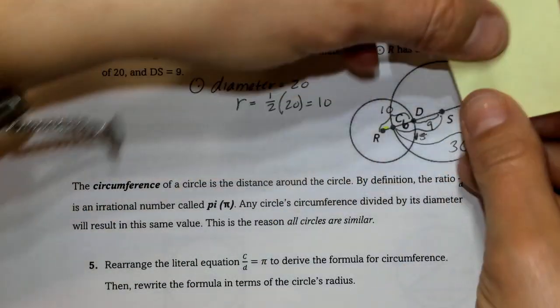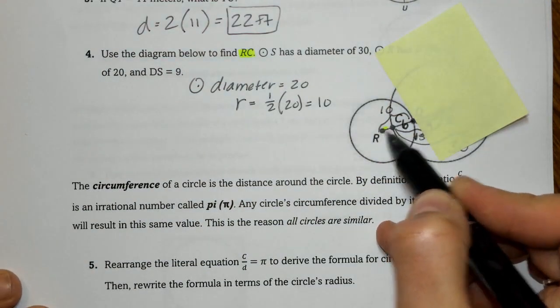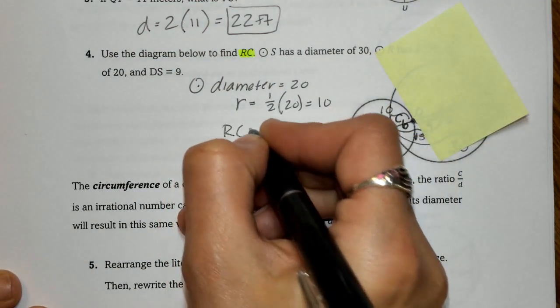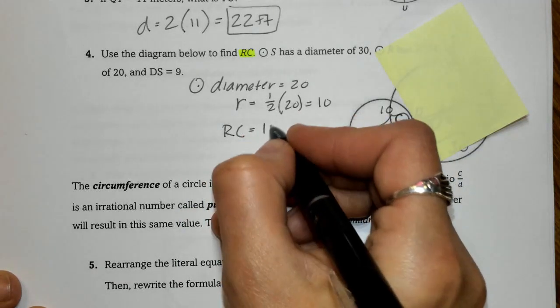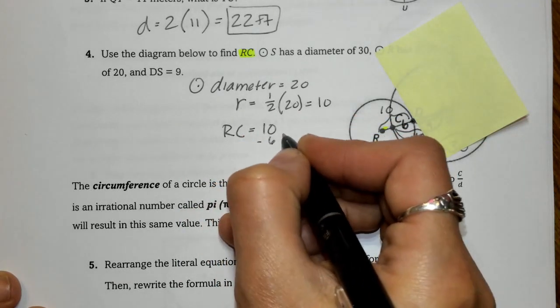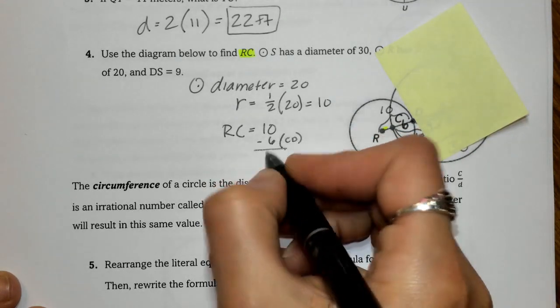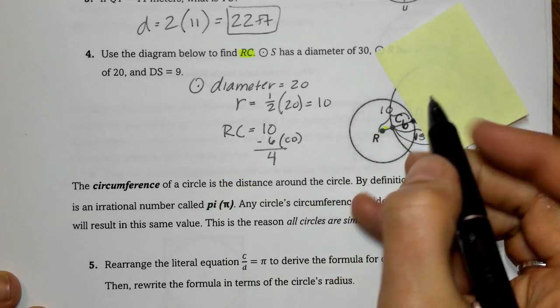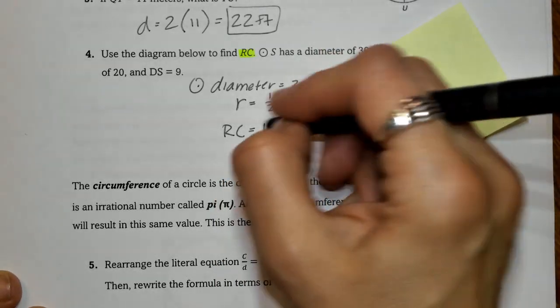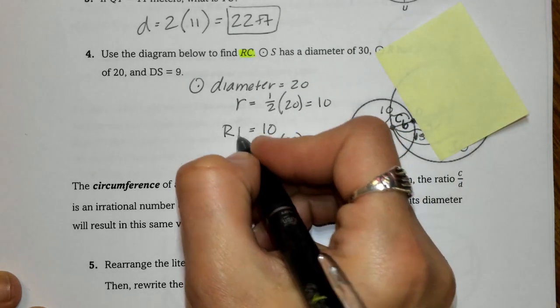Now we can shift over to here, and we can see here that RD right here is 10. If we take that 6 away, this here is CD, we're going to get 4. Sorry, I'm rushing here. RD was 10.